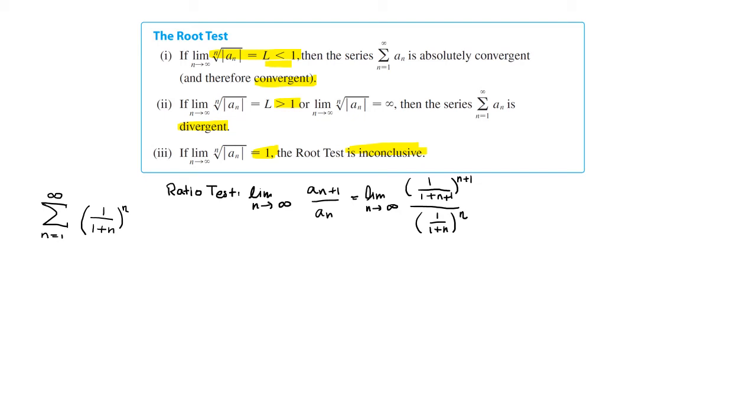All right, so we need to take the limit as n goes to infinity of the nth root. So we want our term to the 1 over nth power. Since all of our terms are positive here, we can drop the absolute value. So we have the nth root of 1 over (1 plus n) to the nth power.